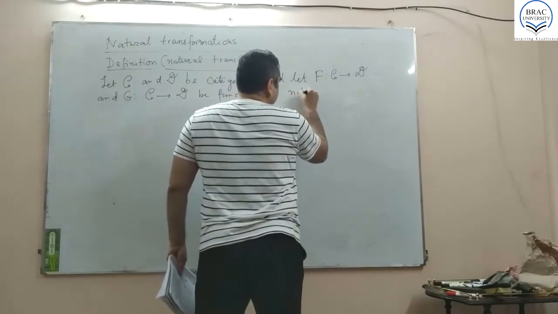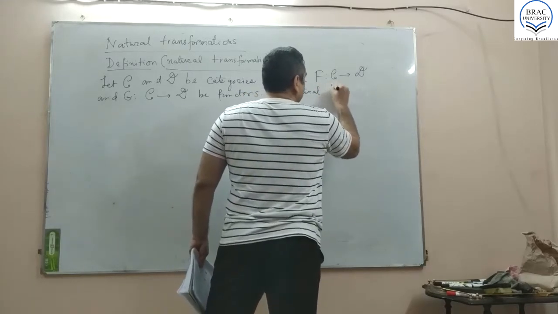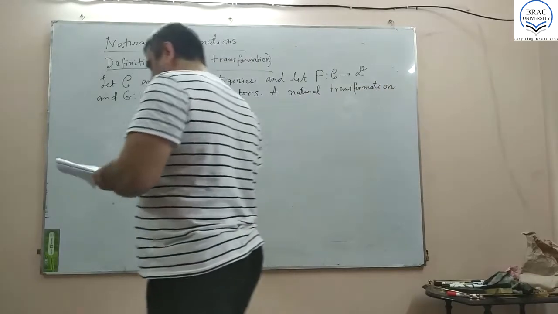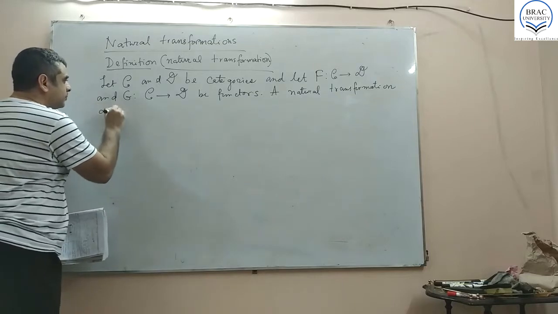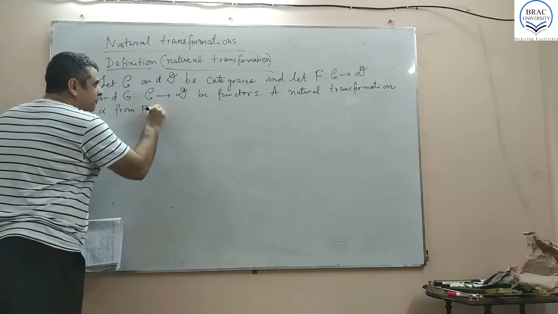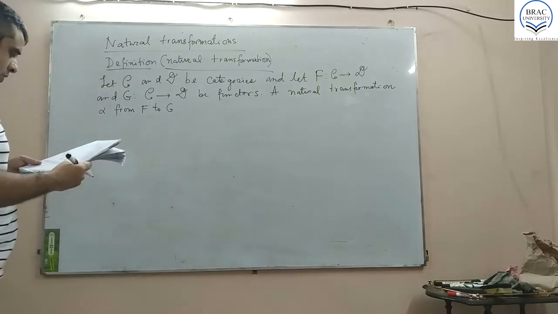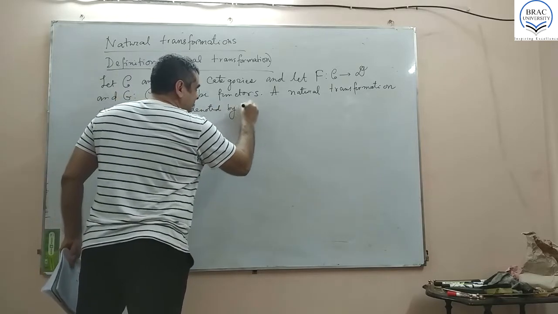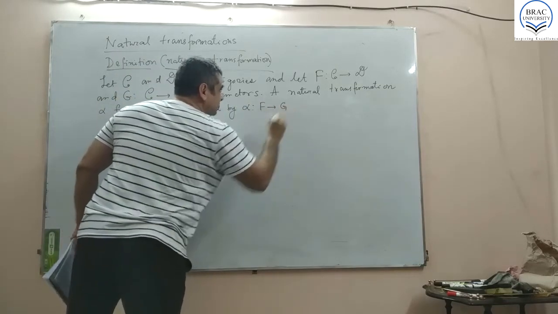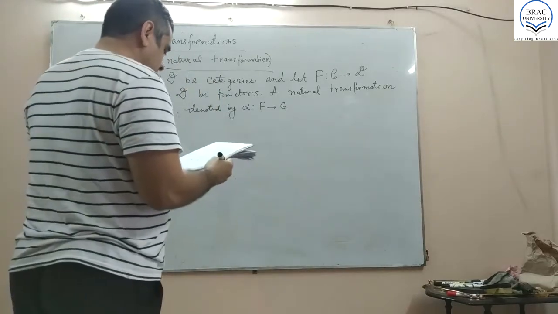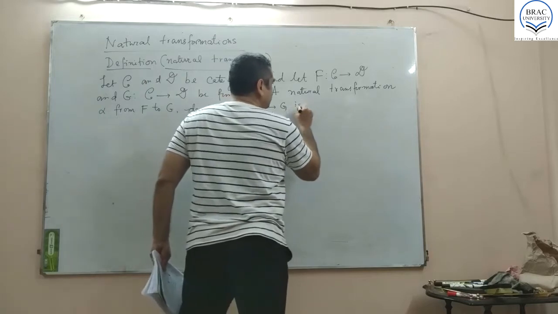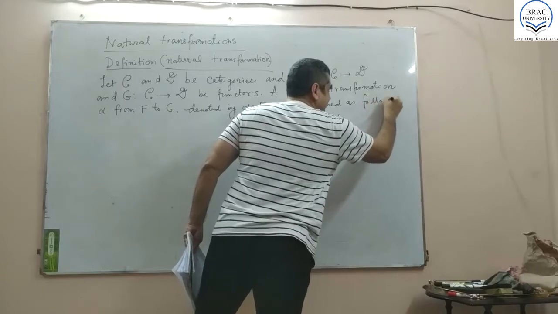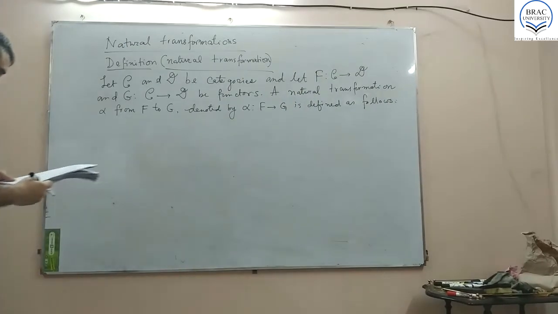A natural transformation alpha from F to G, denoted by alpha from F to G, is defined as follows. So we are defining natural transformation.